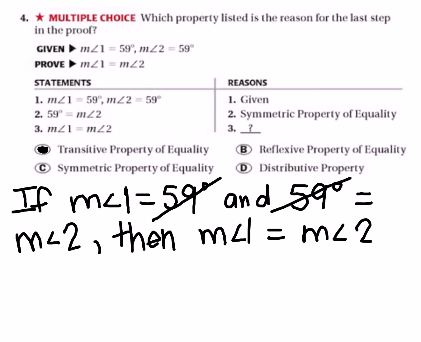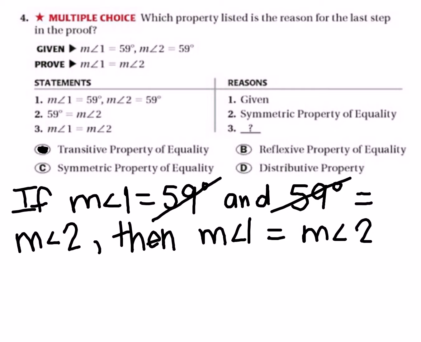When I cross that out, we write down what is left over. So I have the measure of angle 1 is equal to the measure of angle 2. So for part 3, under statement, the measure of angle 1 equals the measure of angle 2 by the transitive property of equality. Again, whatever we see twice, we take away and we write what's left over. And that's going to give us the transitive property.